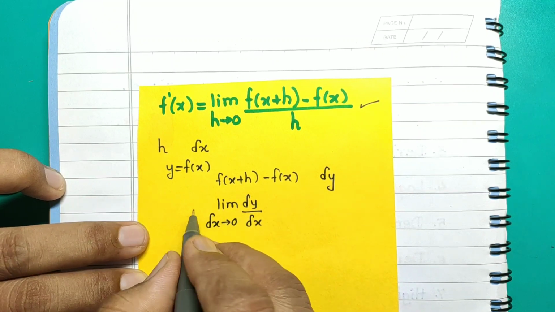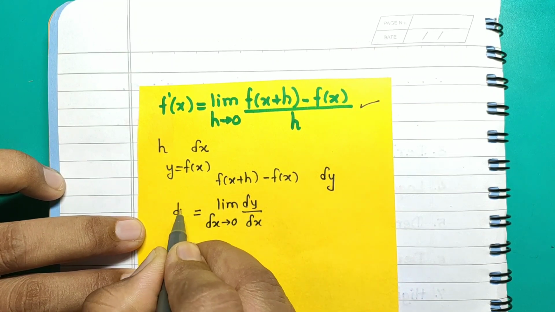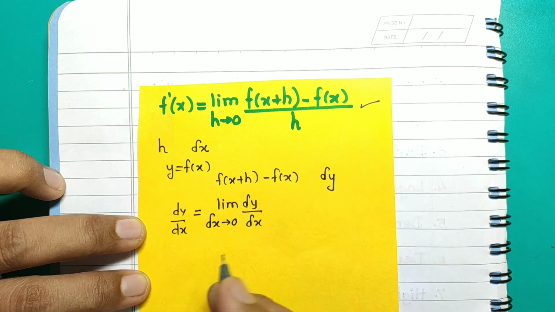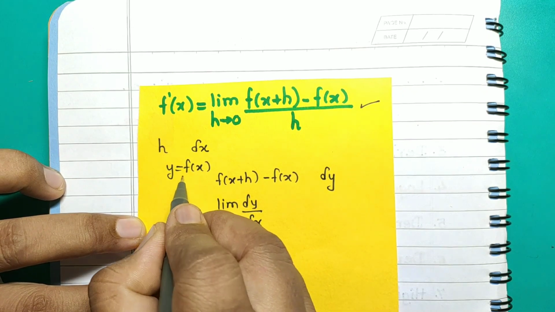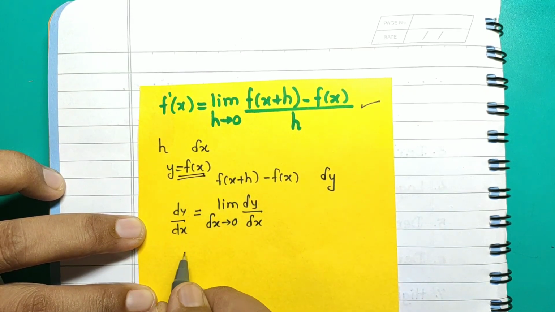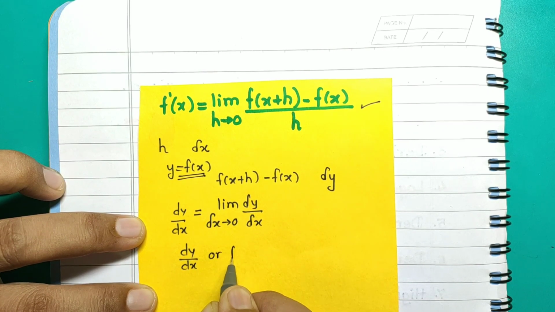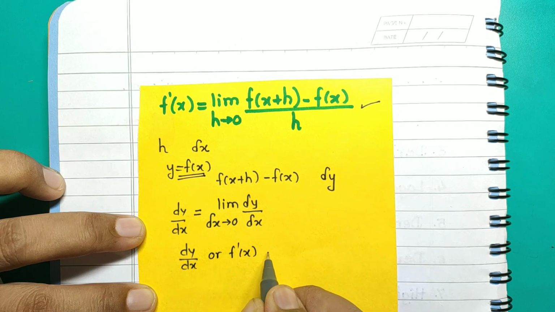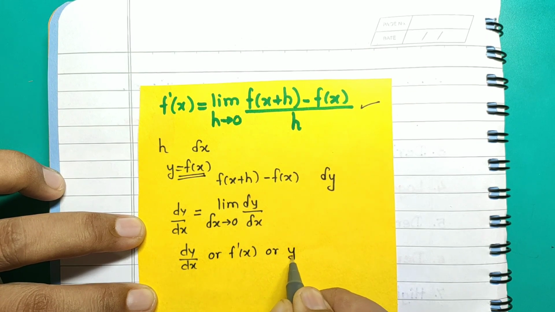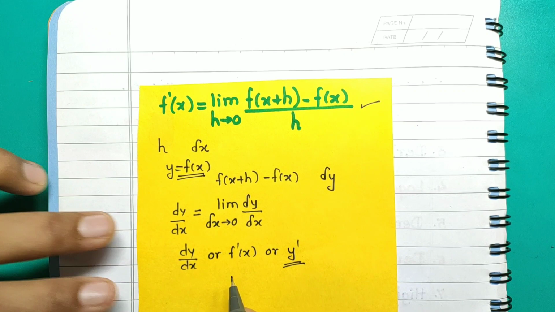This limit is denoted by dy by dx. That means we can denote the derivative of function y is equal to f of x by dy by dx or by f dash of x, or sometimes it is also denoted by y dash.